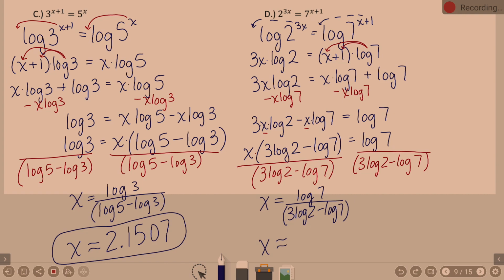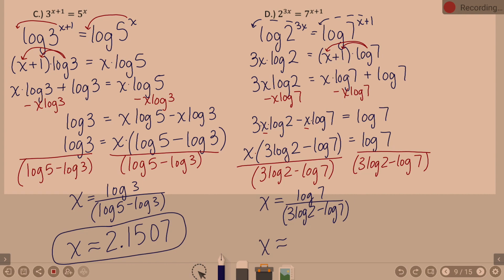Log of 7, in my parentheses, divide by, I have multiple pieces in the denominator. If you have multiple pieces in the denominator or multiple pieces in the numerator, you use parentheses around it. So parentheses, 3 log 2 in the parentheses on the 2 minus log 7 in the other parentheses.